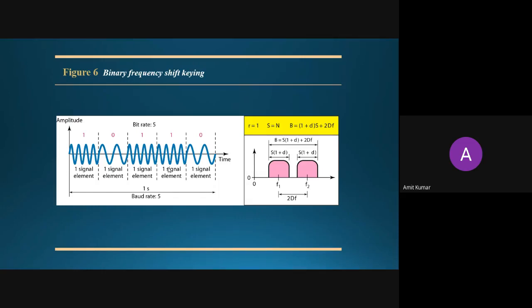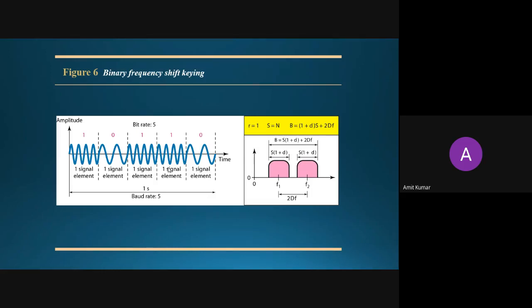For example, if the center of the first frequency lies at 100 hertz and the second lies at 200 hertz, delta f will be 200 minus 100. In this way you can calculate the bandwidth of your FSK signal.